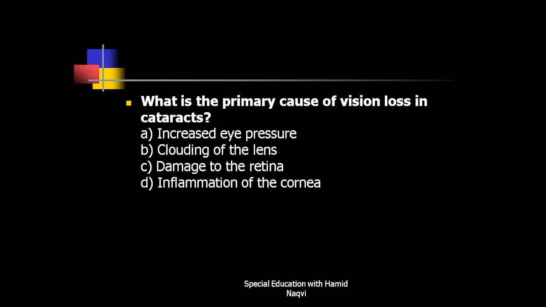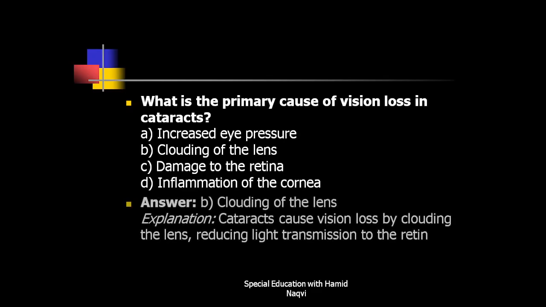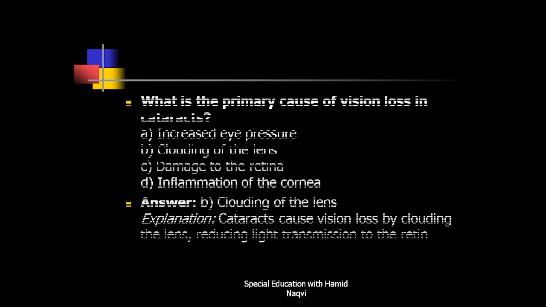Increased eye pressure, clouding of the lens, damage to the retina, inflammation of the cornea. The answer is clouding of the lens. And the reason is cataract causes vision loss by clouding the lens, reducing light transmission to the retina.